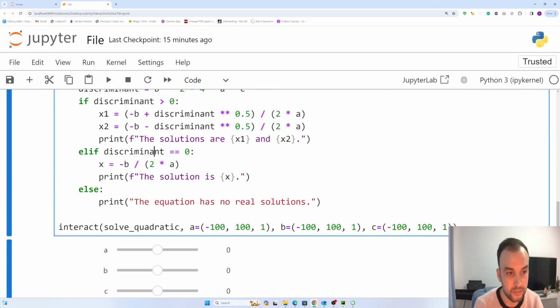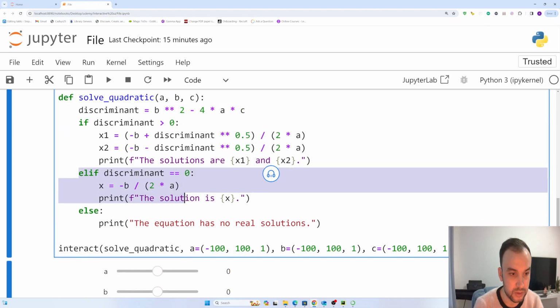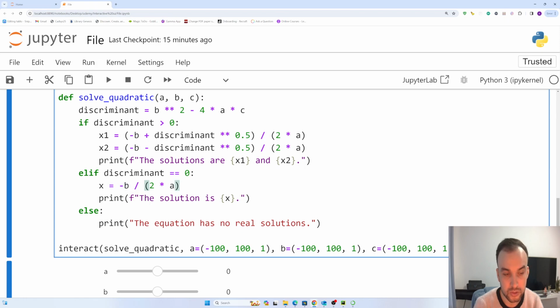Here, because all of them are 0, our discriminant is 0, and we have this condition here, and x equals minus b over 2 times a, which is 0. Here it will be 0, and minus b is also 0, so 0 divided by 0.